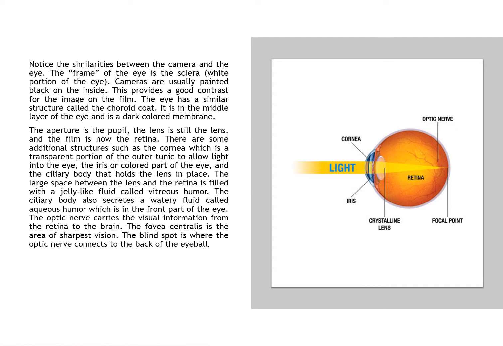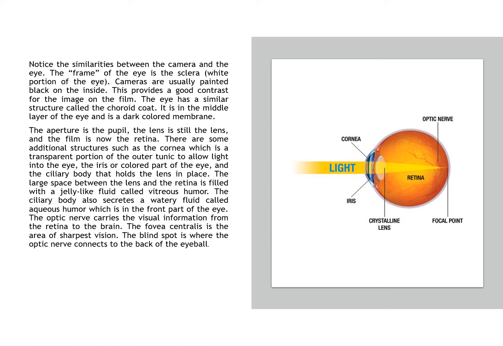There are some additional structures such as the cornea, which is a transparent portion of the outer tunic to allow light into the eye, the iris or colored part of the eye, and the ciliary body that holds the lens in place. The large space between the lens and the retina is filled with a jelly fluid called vitreous humor.